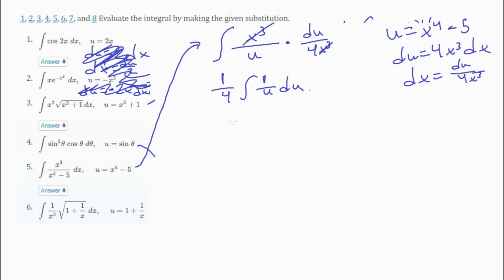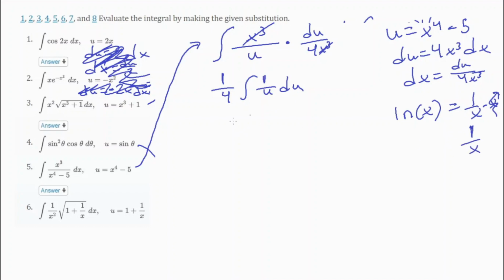And now all we need to do is just integrate 1 over u. So if you remember, the derivative of ln of x is going to be 1 over x times x prime. But in this case, the derivative of u is going to be 1. So that means the antiderivative of 1 over x would be ln of x.